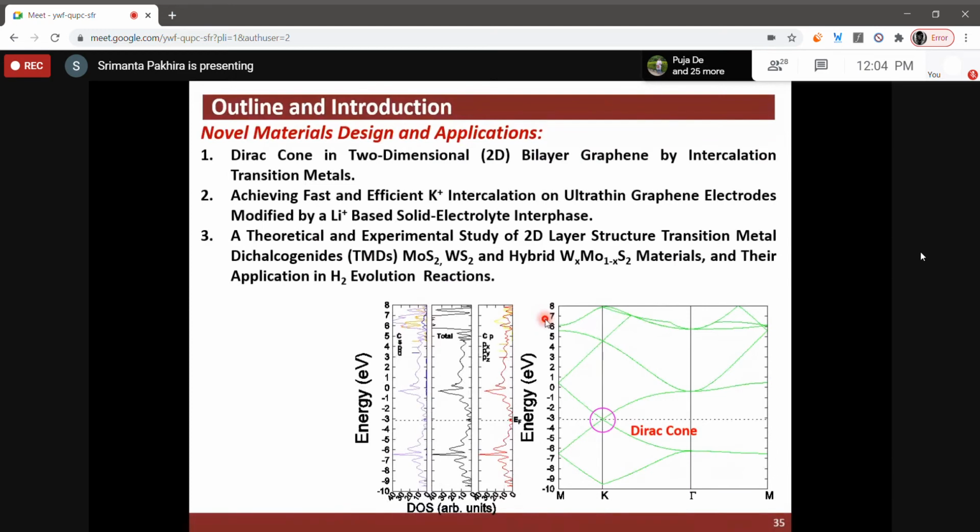Using density functional theory, we explored all these things. Whatever we discussed today or yesterday, using such kind of method, we are able to really explore such band structure and density of states. The right figure is the band structure. When we are plotting the band, there are many questions. When it is a 2D material, there should be some reference.